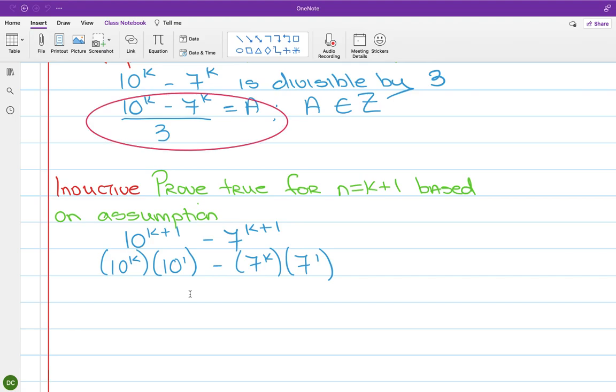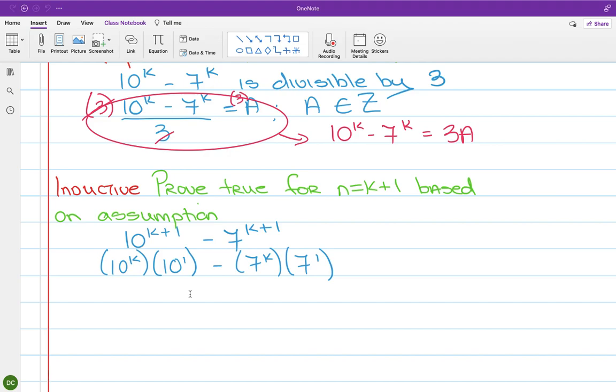And I'm going to rearrange this, so I get 10 to the k minus 7 to the k equals 3a. So if you multiply here by 3 to cancel, and multiply here by 3 to balance out.